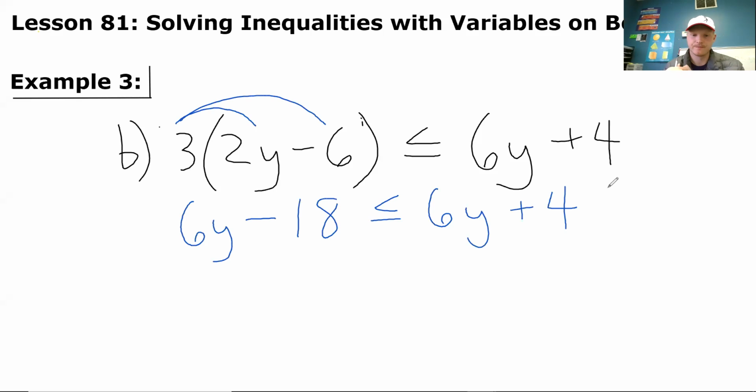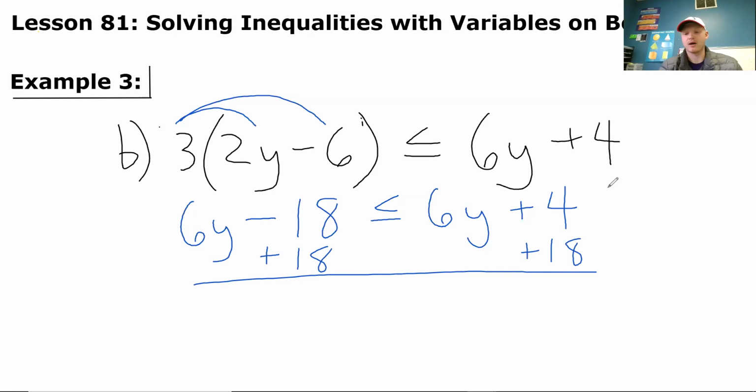After you do that step, we're going to do the same thing that we've been doing over and over again. So add our like terms. I'm going to add 18 to both sides. We add it to our 4 and our 18s disappear.